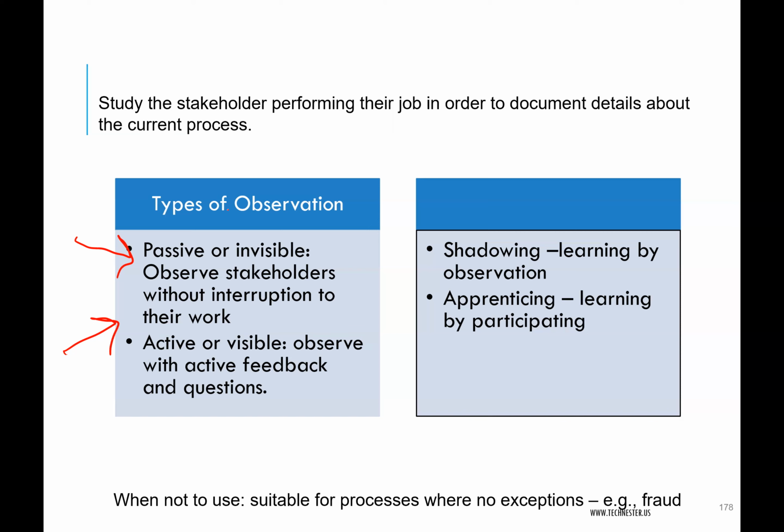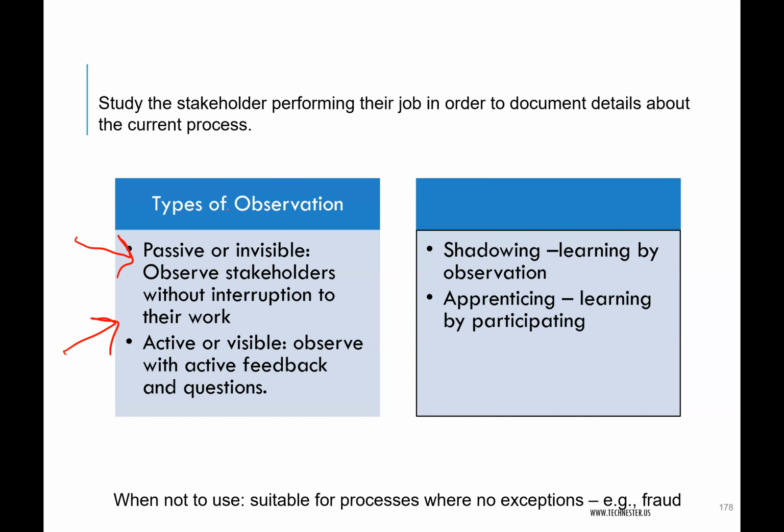Ideally, shadowing should be passive, where you just monitor, you just watch what the person is doing and you learn from it. But that's not how many people will use it. When they say shadow this person doing this job, many times nowadays they mean not just watch what they are doing, but also interact with them to clarify and ask questions. So you are beyond passively observing. You are now actively observing, but to a very, very low extent. But in ideal situations, you can shadow someone without bothering them.